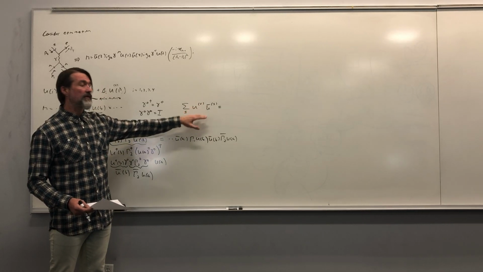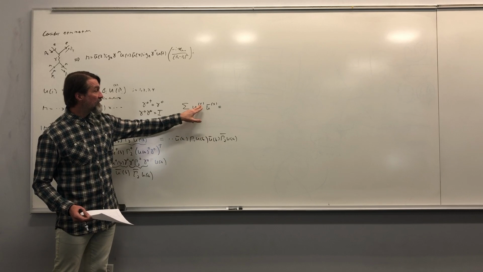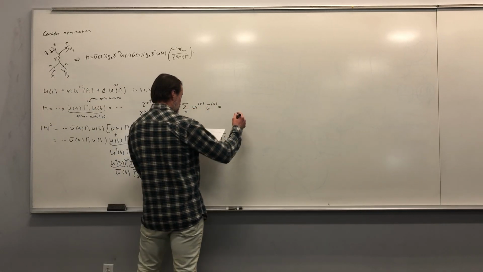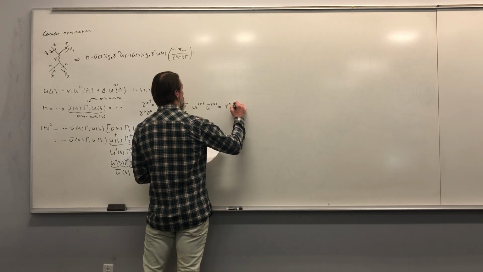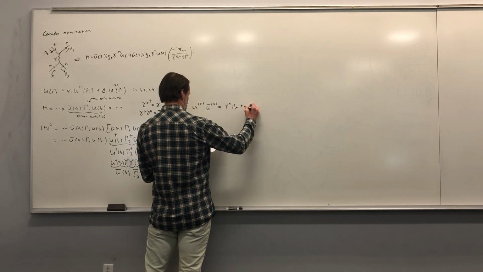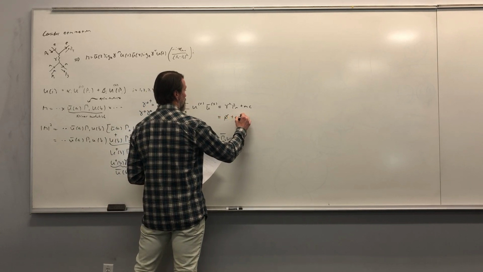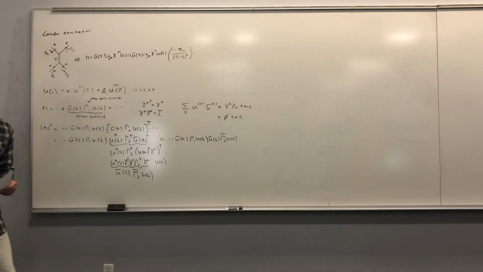I don't have to label them here. But I'm going to sum over these spin states. This is going to give me gamma mu P mu plus mc, which we often call P slash plus mc. You proved that in your homework, or you showed some examples of that in your homework. This is where we're going to use those results.